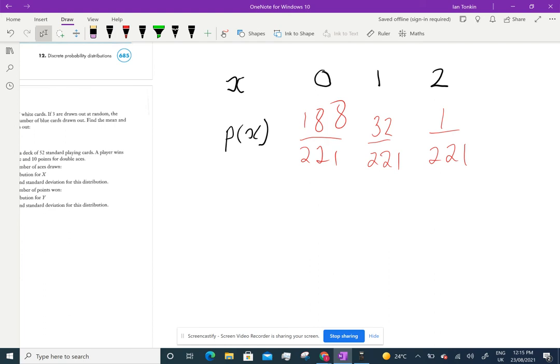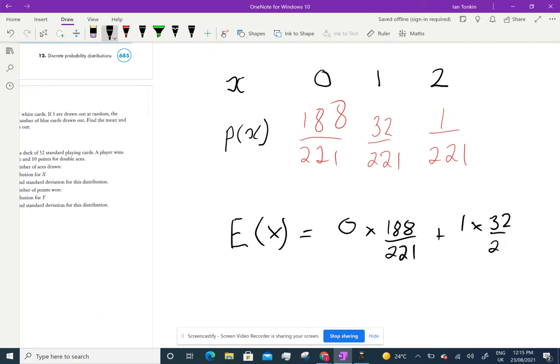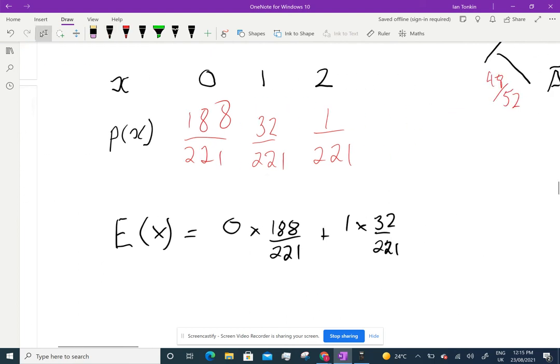So the expected value equals 0 times 188 on 221 plus 1 times 32 on 221 plus 2 times 1 on 221. And that's going to give me 34 on 221. I'm pretty sure.